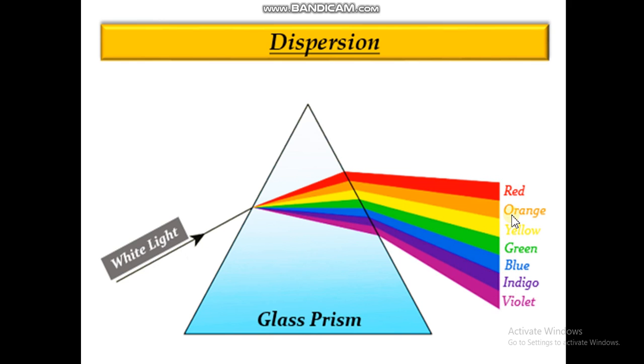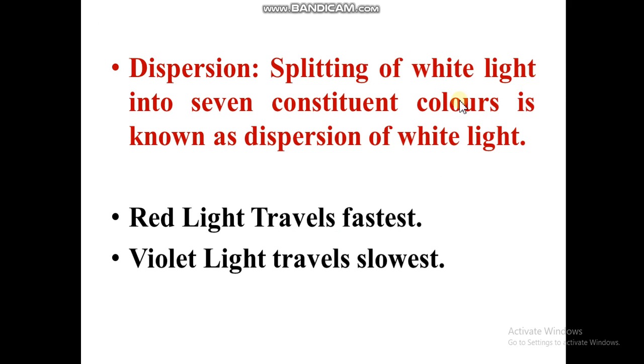We can observe these colors when white light enters a glass prism or slab, mostly clearly through a glass prism, and this is known as dispersion. Splitting of white light into 7 constituent colors is known as dispersion of white light.